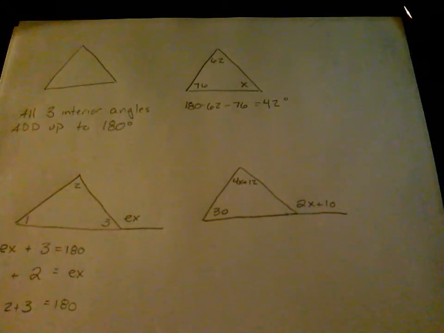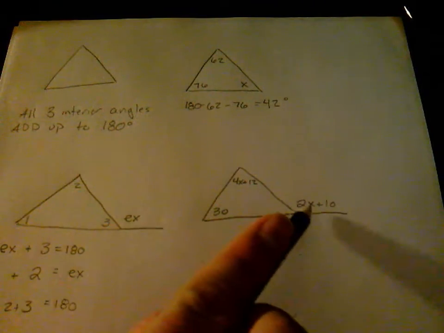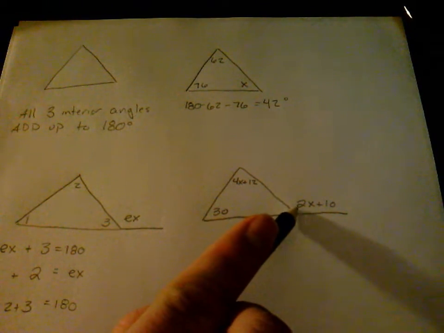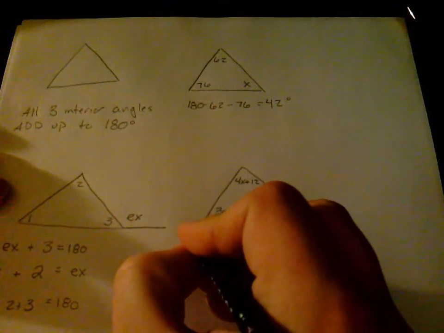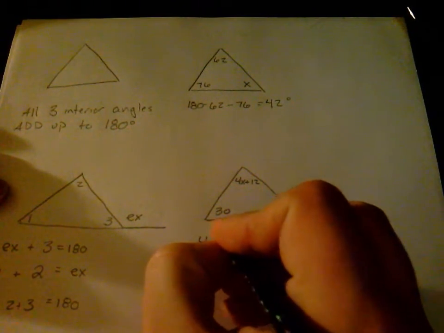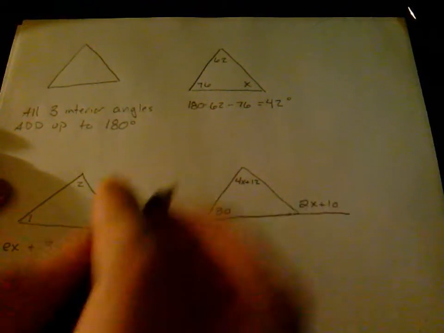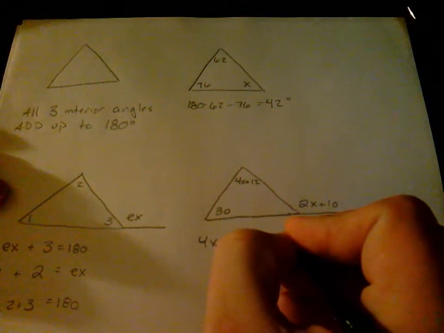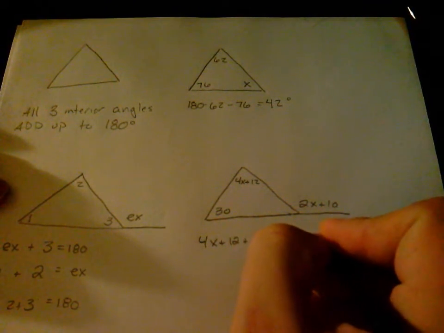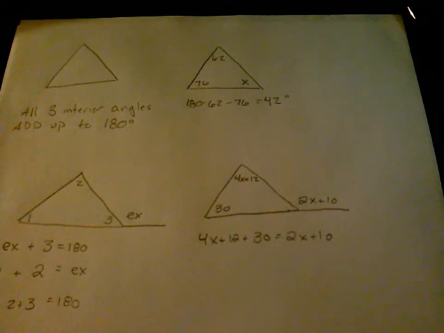To find the value of x, you know that this equals this plus this. So you'd have 4x plus 12 plus this 30 here equals 2x plus 10.